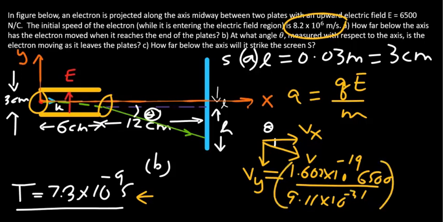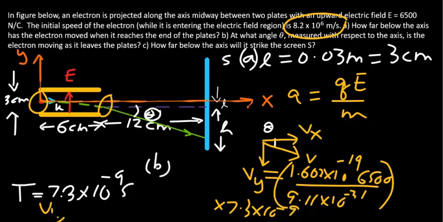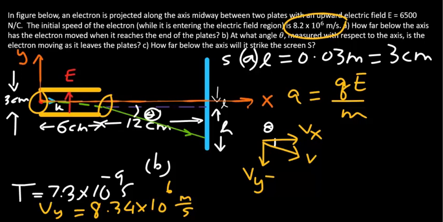And to that you have to multiply with the time of flight, which is 7.3 times 10 to the power minus 9 seconds. That would give you the following answer for v sub y, 8.34 times 10 to the power 6 meter per second. So there we have it.